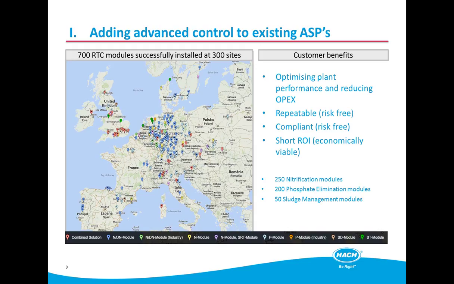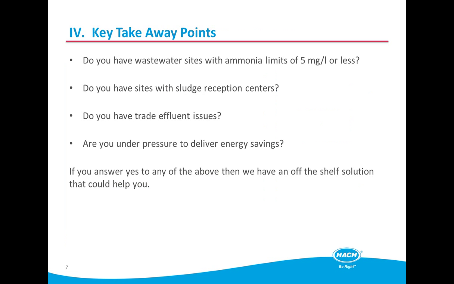It's a good illustration of how much process optimization experience HACH has all over Europe. HACH is not only a provider of quality online instrumentation, it's been providing process solutions for many years across the whole of Europe. The risk of upgrading your plant to full control has been removed through this experience and the knowledge gained.